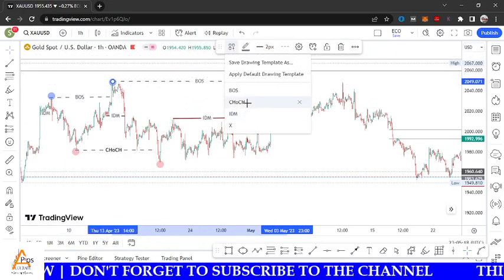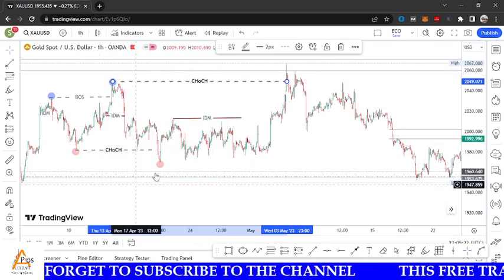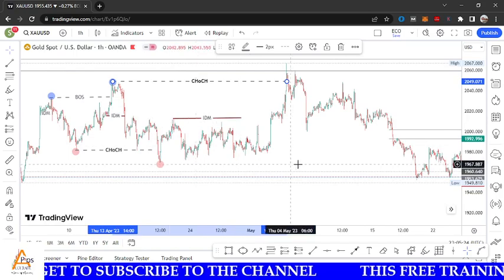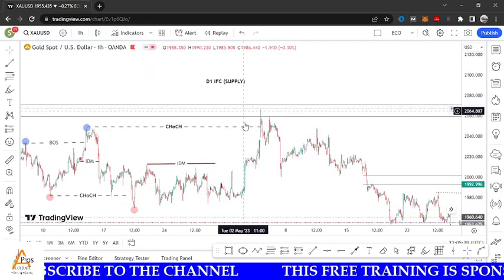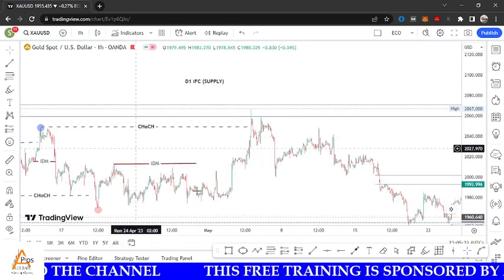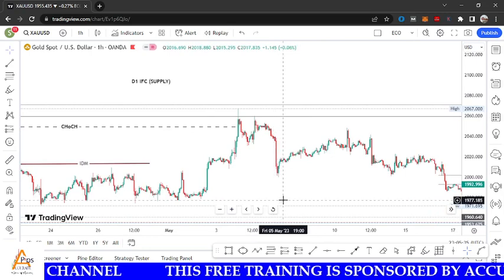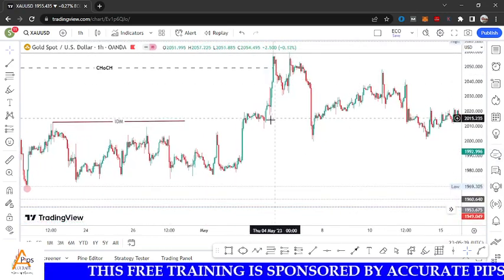So this is our new change of character in terms of structure, because we didn't tap on any higher time frame zone before price moved, but now we have entered the higher time frame zone. So let's see, do we have any valid pullback here?